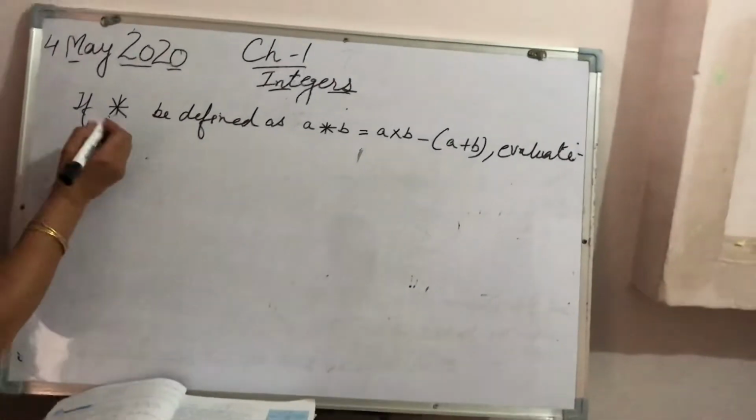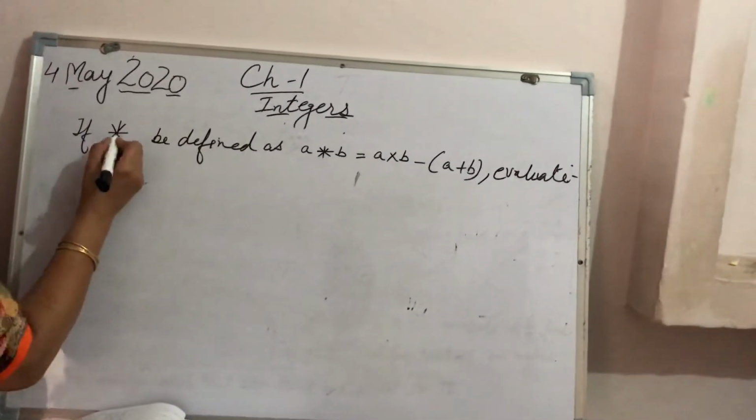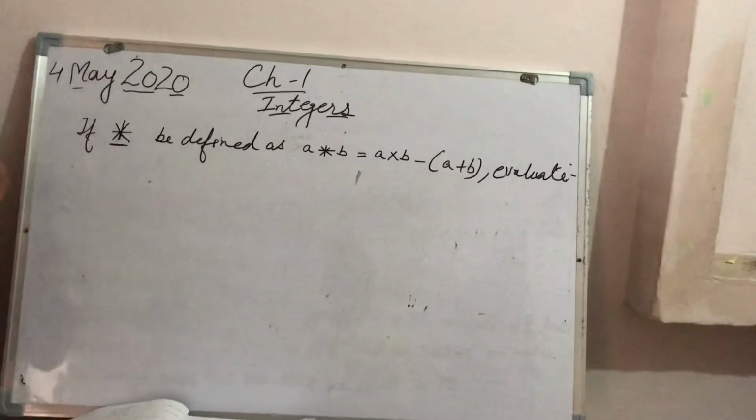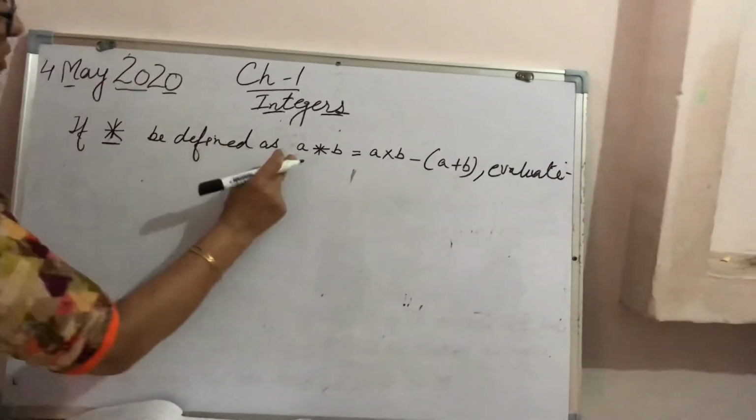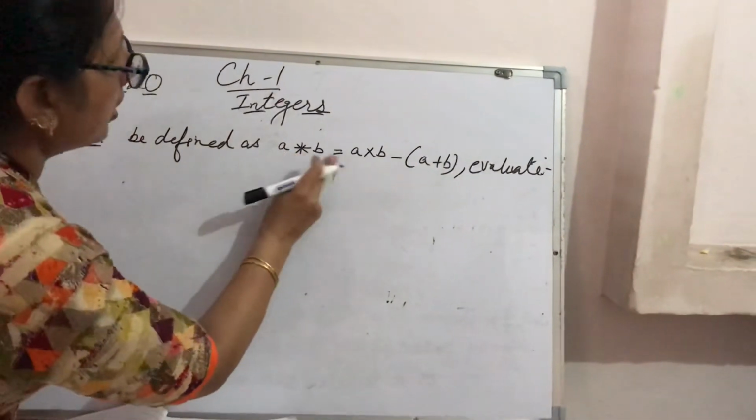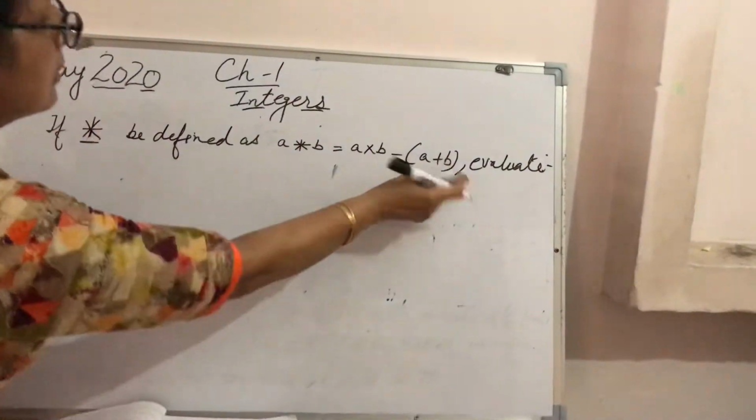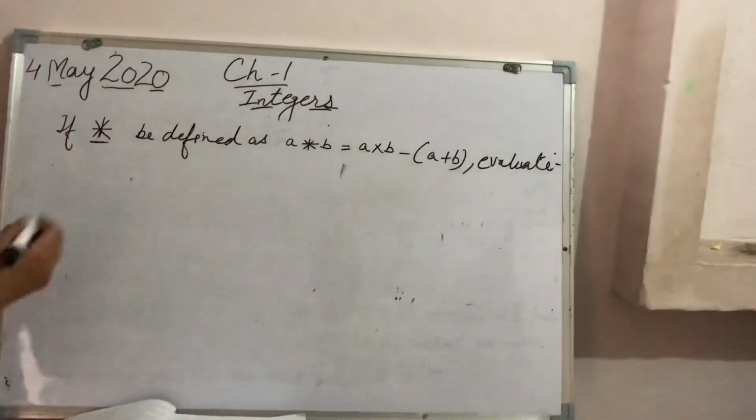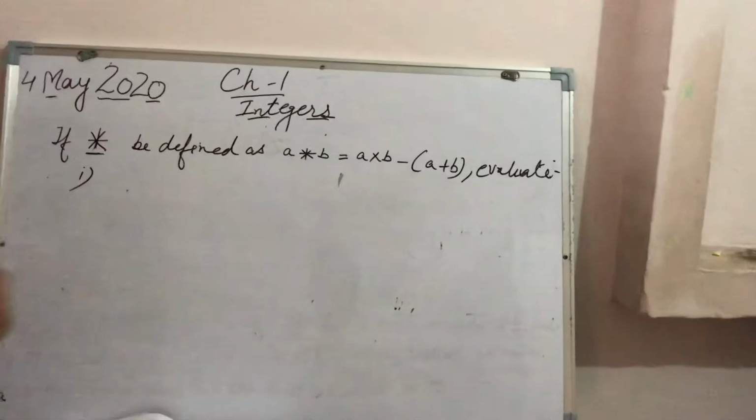Listen carefully, this sign is given. So if this sign is defined as a ∗ b equal to a multiply b minus a plus b, then the first part is 2.